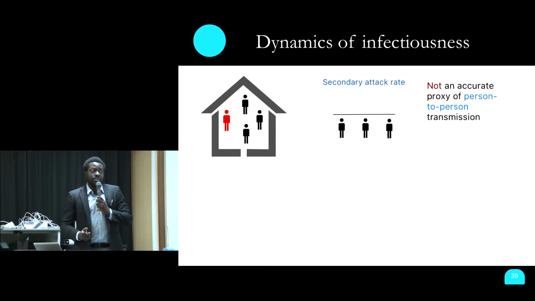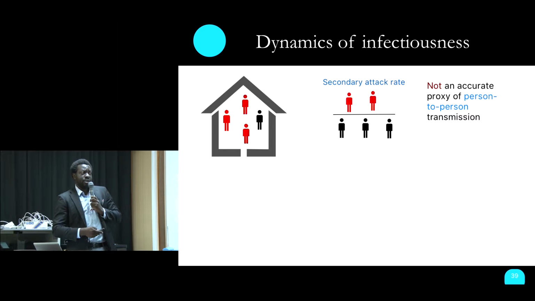And let's rule out the possibility that there is any infection coming from outside. Everything is in a closed environment. So 2 people among the 3 became infected. So the secondary attack rate is 2 divided by the total size, 3 of them. So out of the 3, 2 became infected. So this is the secondary attack rate.